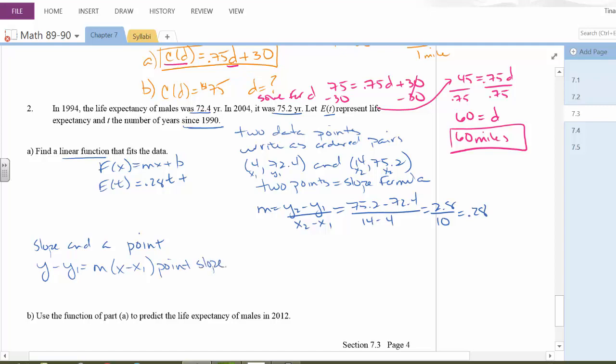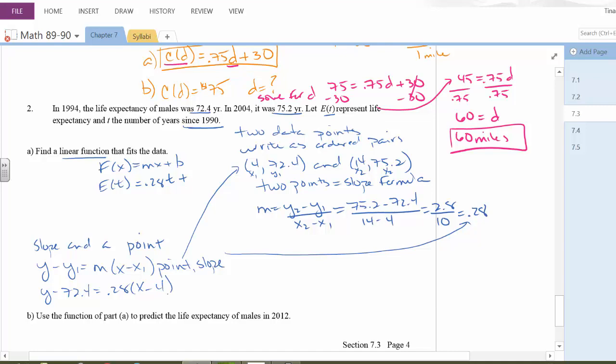Now for us, we have 2 points up here, and we have the slope right here. So we just fill in. You can pick either point, it doesn't matter, you'll get the same answer either way, it's arbitrary. So I'll pick the first point, so I get y minus 72.4 equals 0.28 times x minus 4.